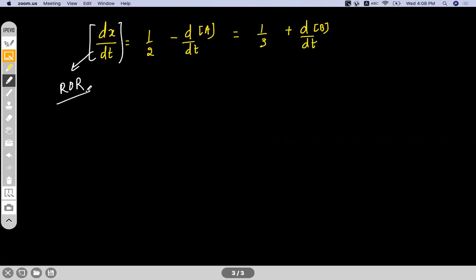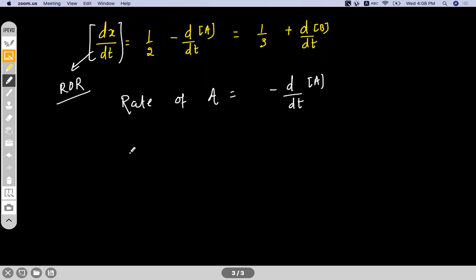We discussed this last class, right? And dA by dt is this. The rate of disappearance is always the rate of A, the expression I am writing is minus dA by dt.